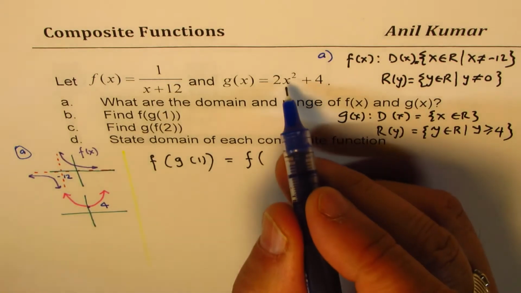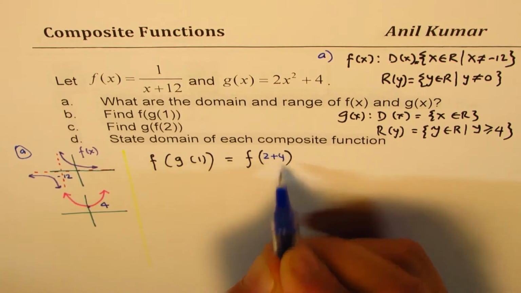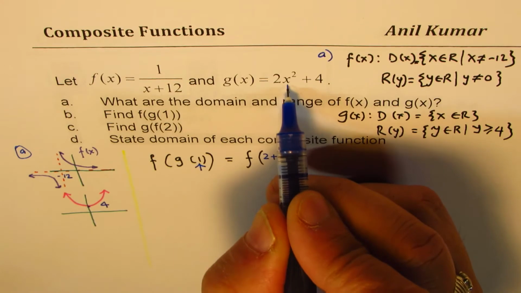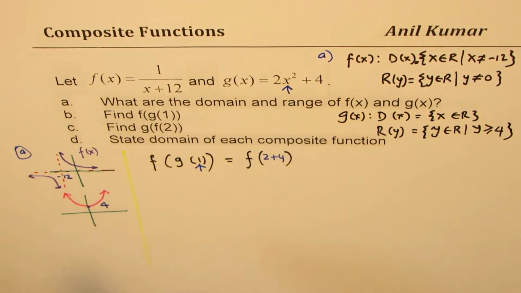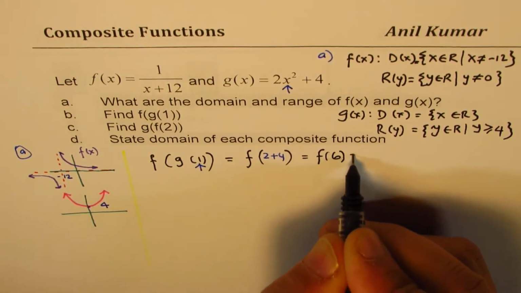So if I substitute 1, I get 2 plus 4. 1 square is 1, 1 times 2 is 2, so we get 2 plus 4. And so I could write this as f of 6, right?